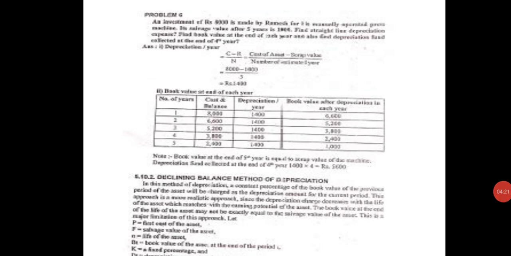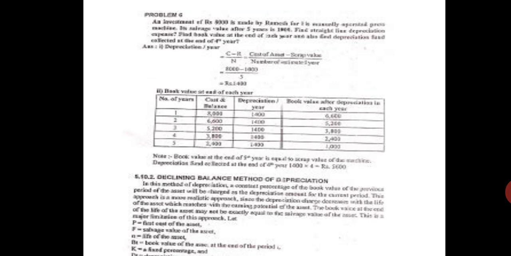Now we shall see the second method, that is the declining balance method of depreciation. In this method of depreciation, a constant percentage of the book value of the previous period of the asset will be charged as a depreciation amount for the current period. I repeat, a constant percentage of the book value of the previous period will be charged as the depreciation amount for the current period. So here it is not a fixed amount like the straight line depreciation.